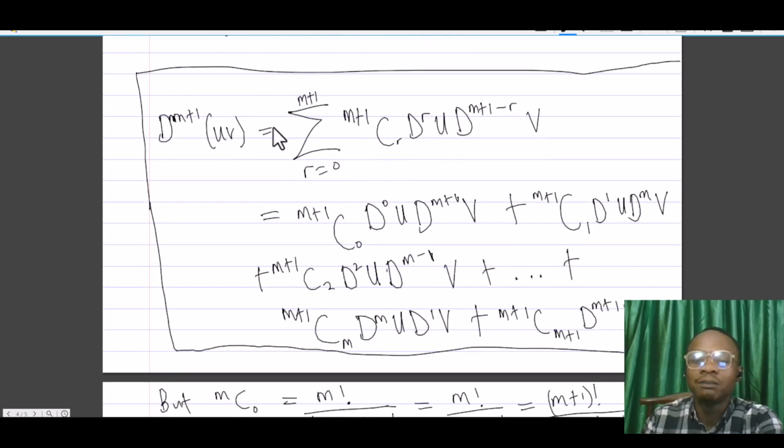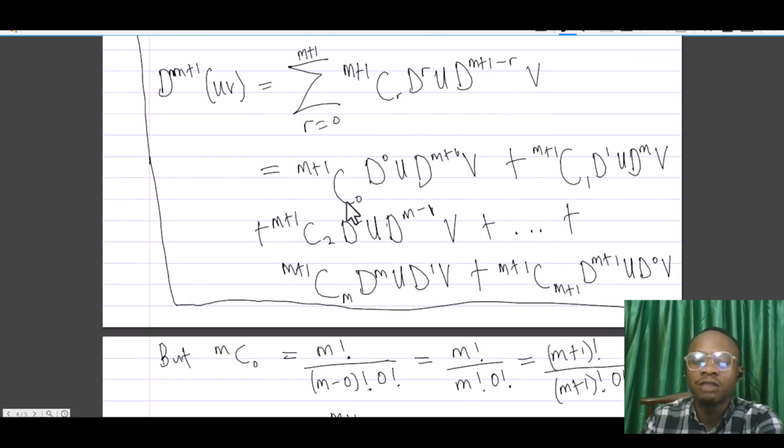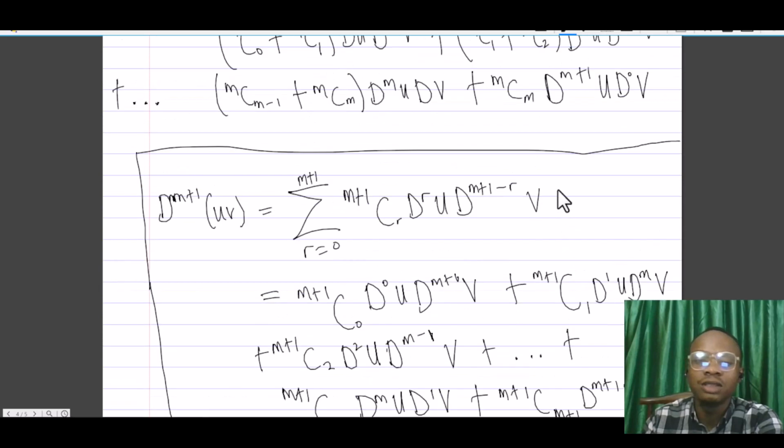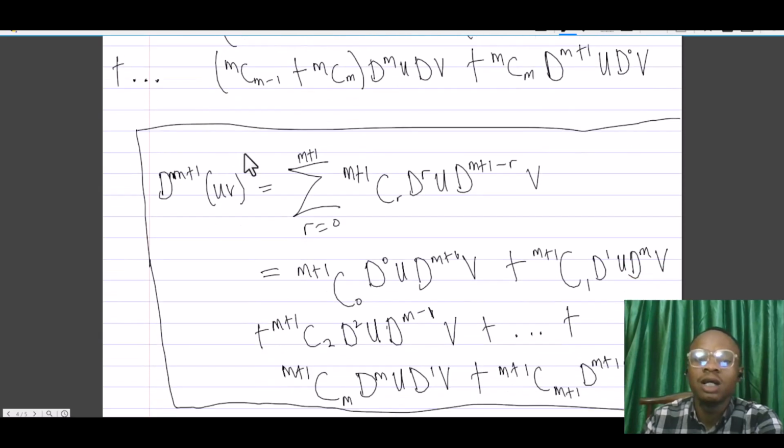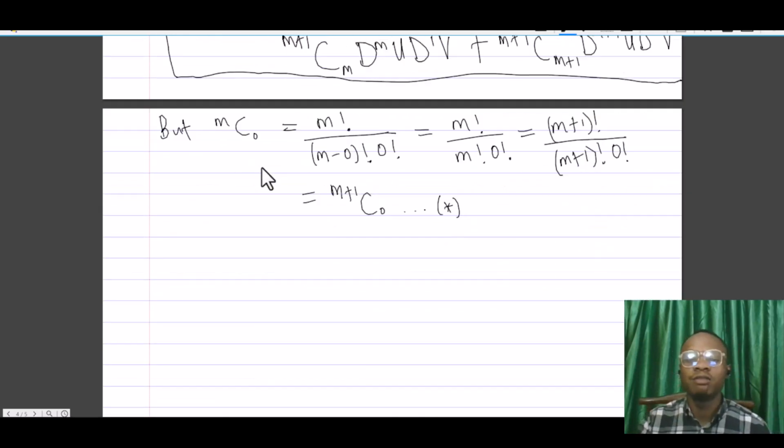But what we need to be certain of is the fact that it is equal to, let's say, m plus 1 combination 1 for this first one, for instance. And the general expression for what we have here can be written as m combination r minus 1, then plus m combination r.